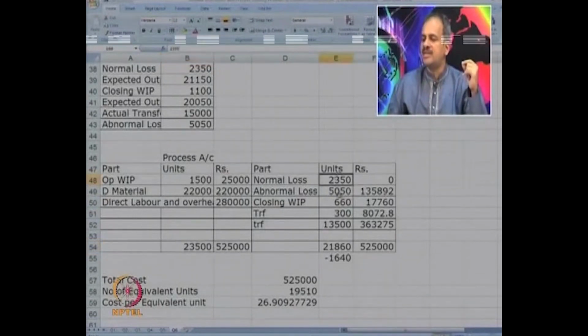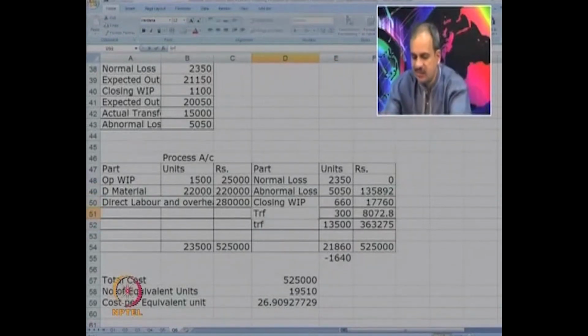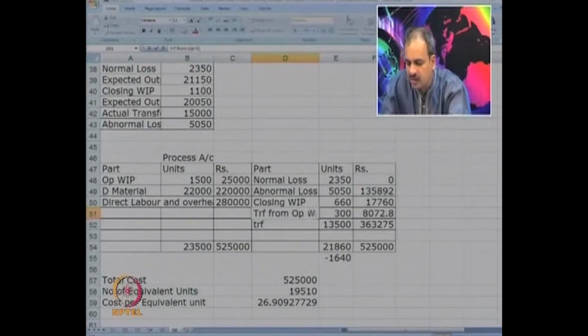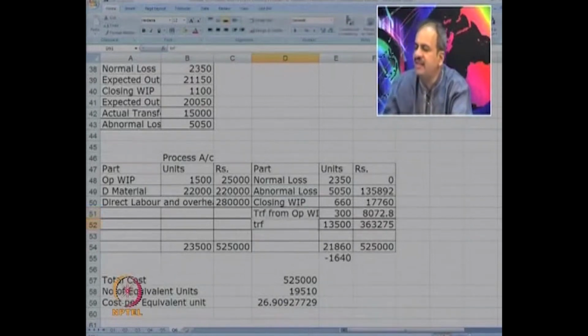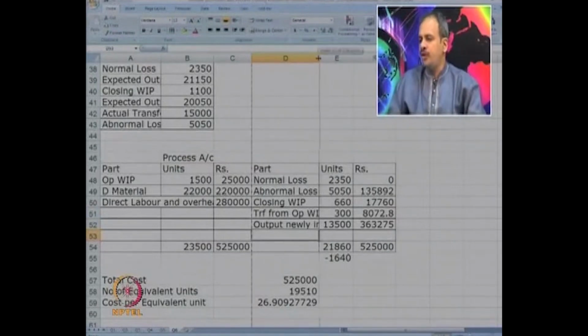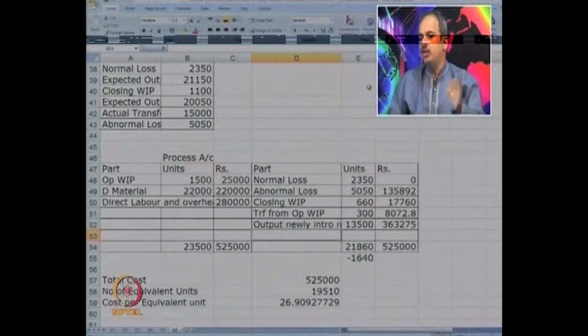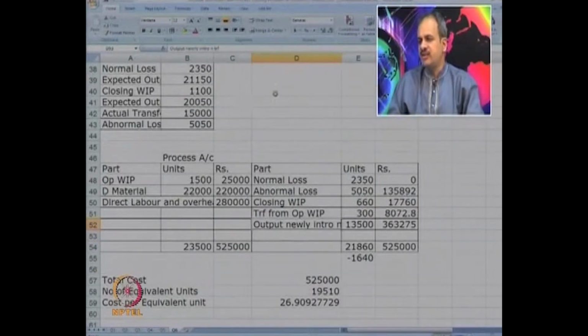Of this, the normal loss, abnormal loss, closing stock, and these two transfers, this is the transfer from opening WIP for more clarity, and in full, this is the output newly introduced and transferred.